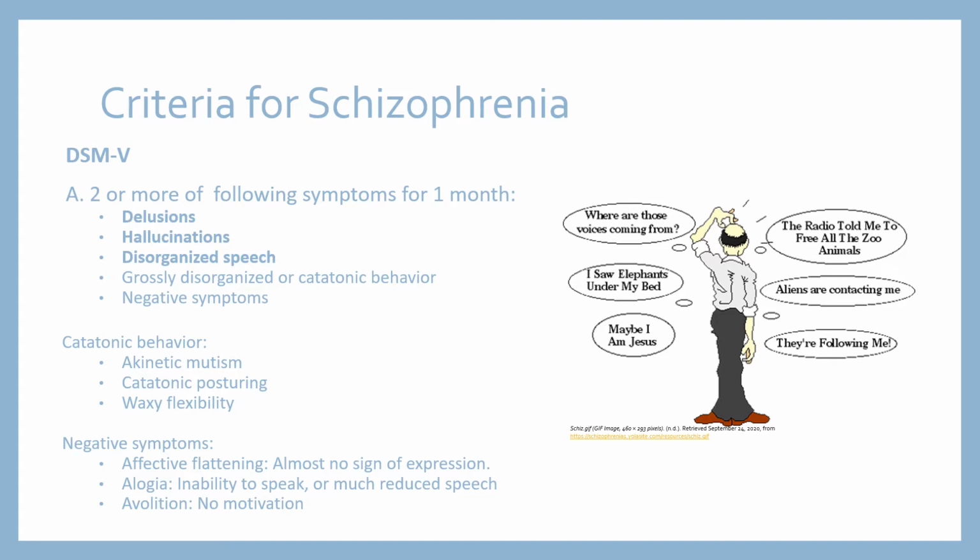Hallucination is a sensory perception despite the source of the perception not existing. We have five senses, and the most common for schizophrenia is an auditory hallucination, where you hear noises or someone whispering or talking to you, despite there not being any sound in reality.